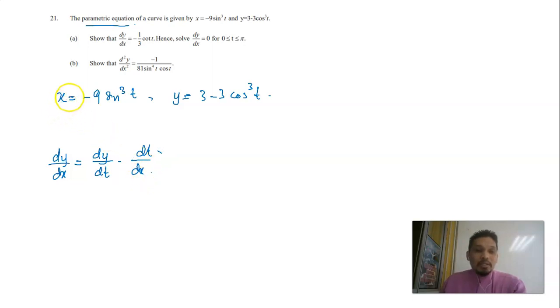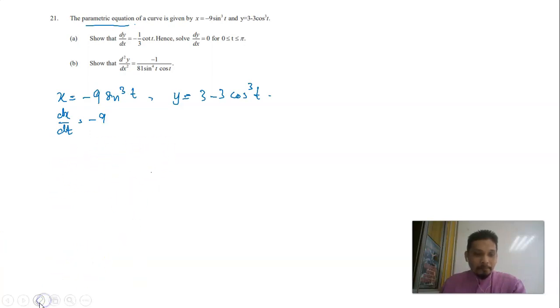So we can differentiate this one by one. dx/dt equal to negative 9.